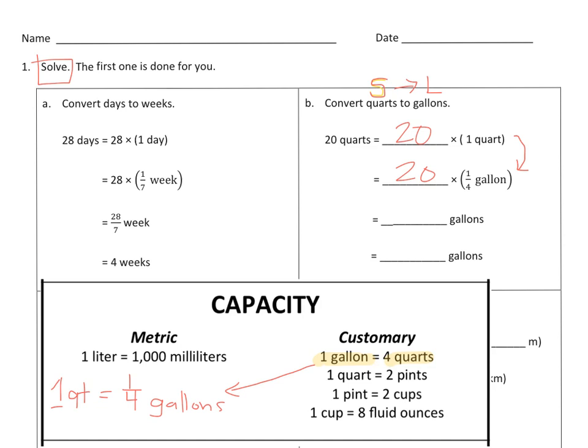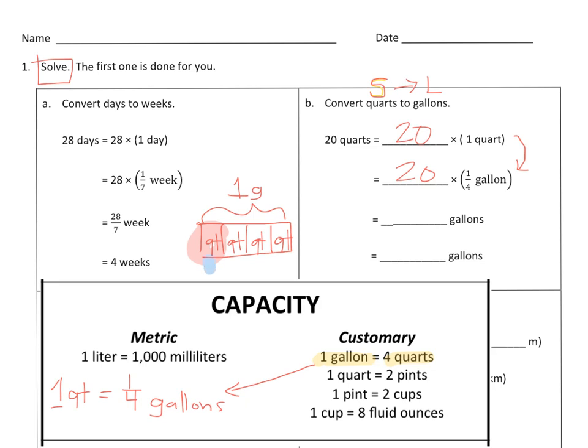Or if you think of it this way, let's say this whole tape diagram is your 1 gallon. How many quarts are in a gallon? Well, you have 4: there's 1, 2, 3, 4. These are all quarts. Now, if we're looking at just 1 quart, this 1 quart is going to be a fraction of the whole tape diagram.